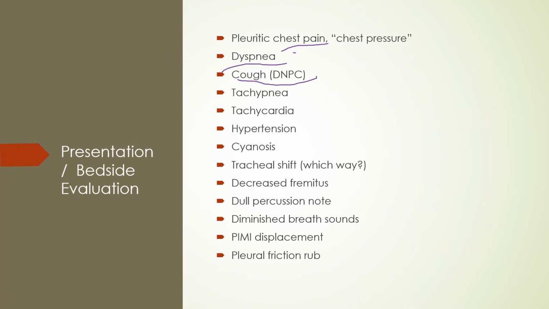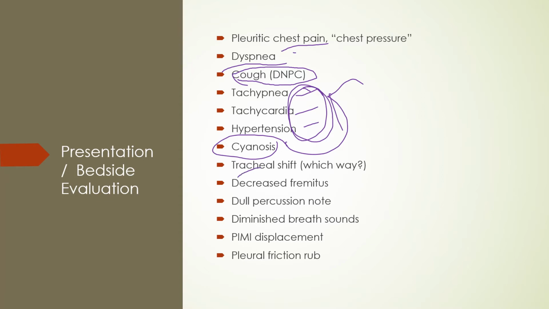Usually their coughs are going to be dry, non-productive coughs. That's what that DNPC is, dry, non-productive cough, right? It's just going to be that dry sort of hacking cough. They'll be tachypneic, breathing fast, heart rate going fast. Blood pressure, they'll have that stress response because of the cyanosis that usually, remember, triggers this triad of craziness.